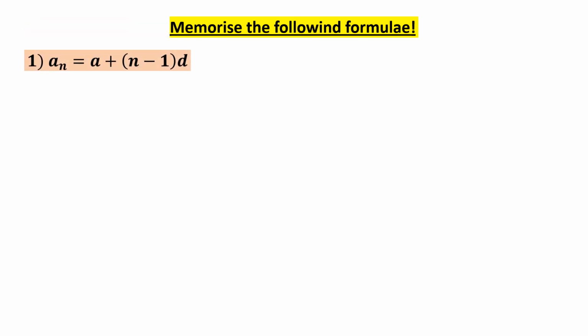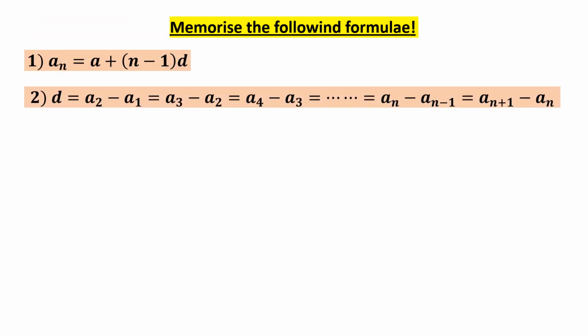Memorize the following formulae. First one, an equals a plus n minus 1 into d. Second one, d equals a2 minus a1 equals a3 minus a2 equals a4 minus a3 and so on, equals an minus an minus 1 equals an plus 1 minus an.